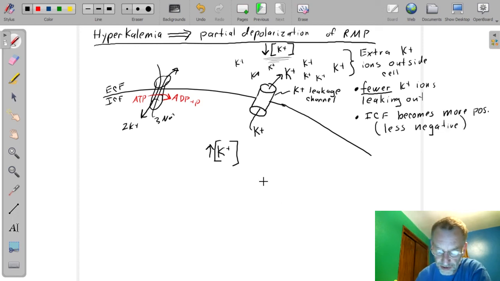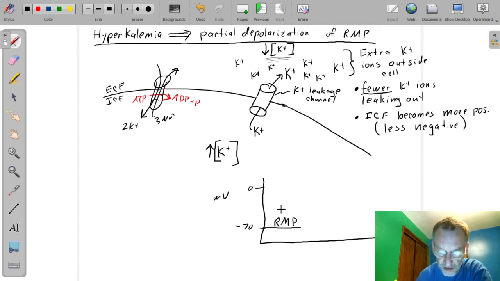So if we draw the picture, minus 70 again, 0 millivolts, and here is our starting RMP, and we'll draw our threshold in again.